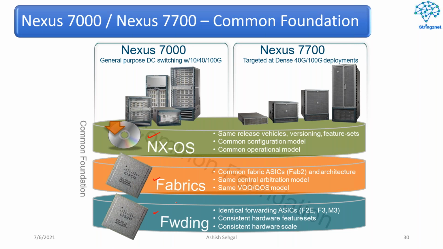What is the difference? The very important question that comes is, why did Cisco evolve Nexus 7700 from 7000? Guys, Cisco is not going to tell you, but you have to judge yourself why Cisco actually thought of moving from 7000 to 7700.